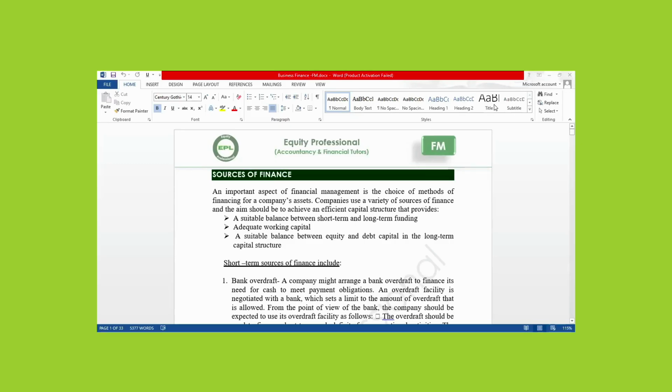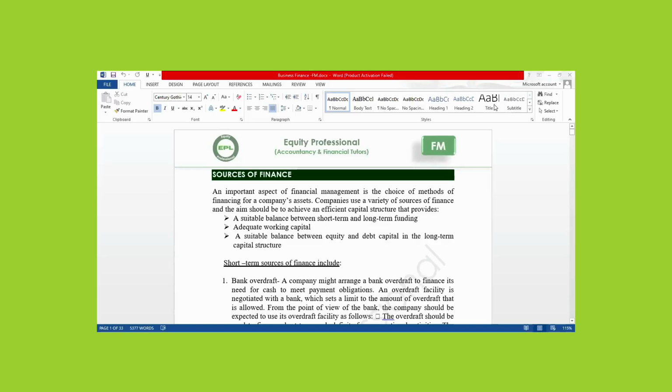How the company chooses to finance its business activities will have impacts on the company's cost of capital, your cost of financing. Your cost of financing will have impacts on the value of the company. Hence, companies should choose wisely.